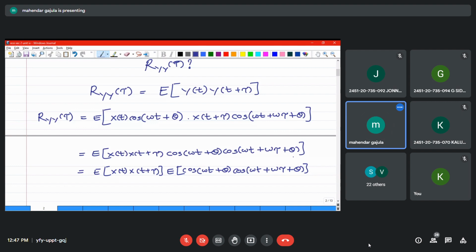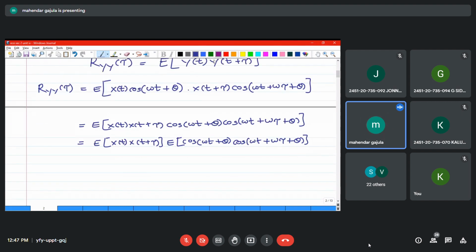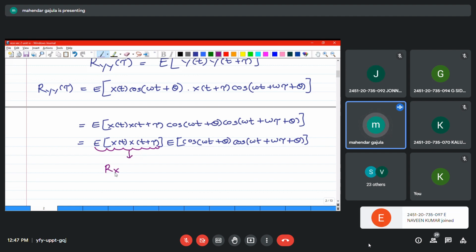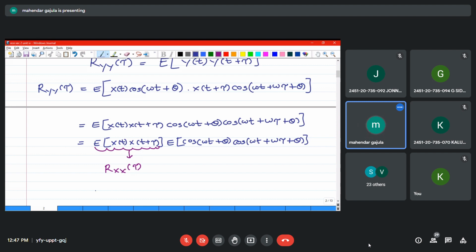Right. So what is the first one? Is it not the autocorrelation function? It is the autocorrelation function, so we can write it as R_xx(tau).